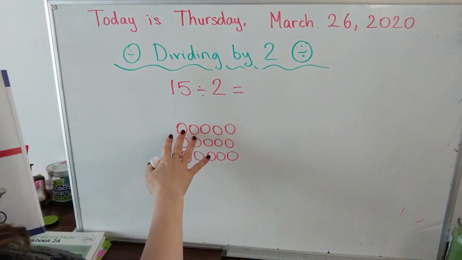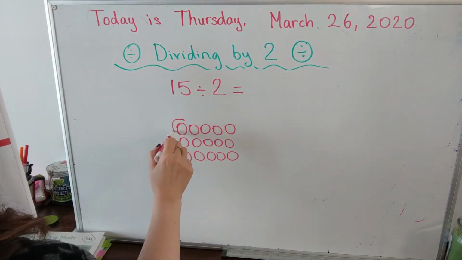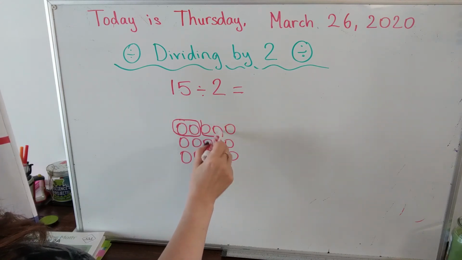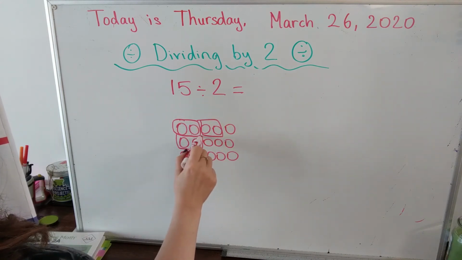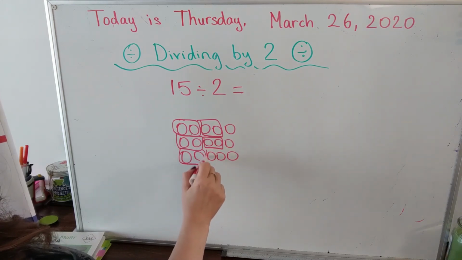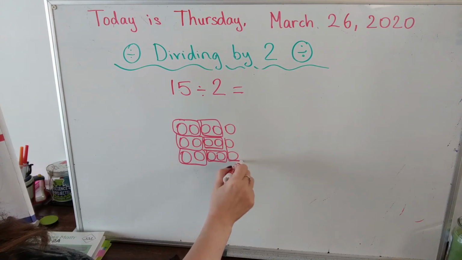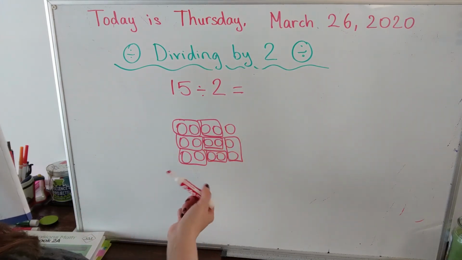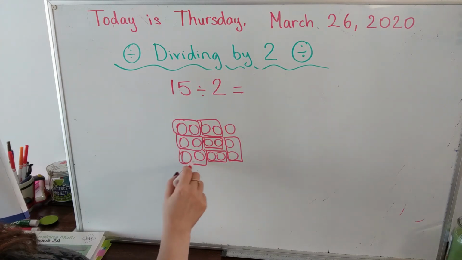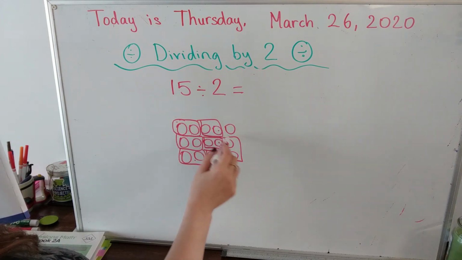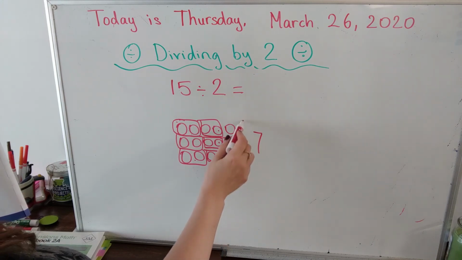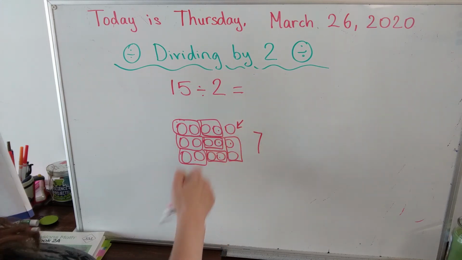So let's divide it in twos because she said each bowl is going to get 2. Here's another group of 2, another group of 2, another group of 2, and another group of 2. So, how many bowls does she need? She needs 1, 2, 3, 4, 5, 6, 7. Is her answer 7? No, it's not, because she still needs a bowl for this one.